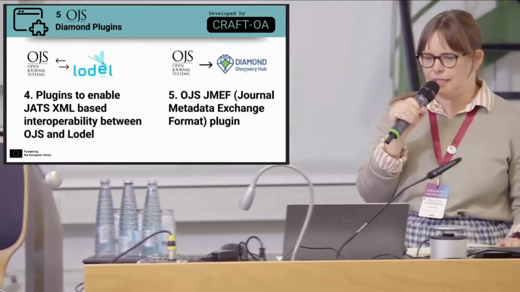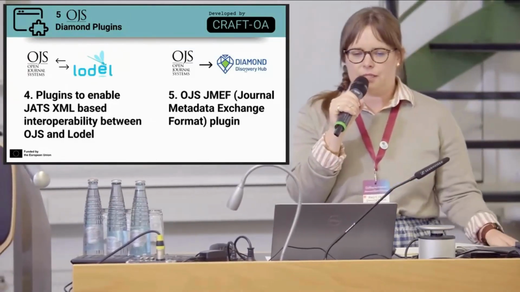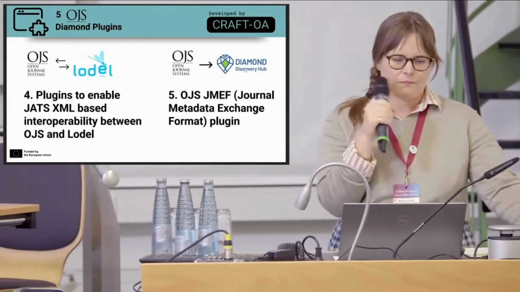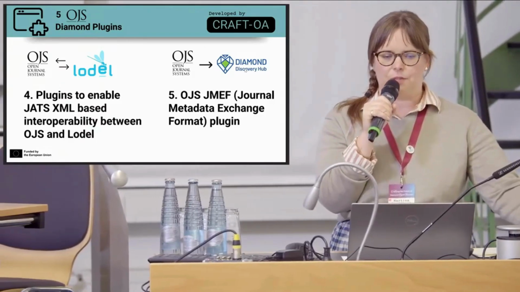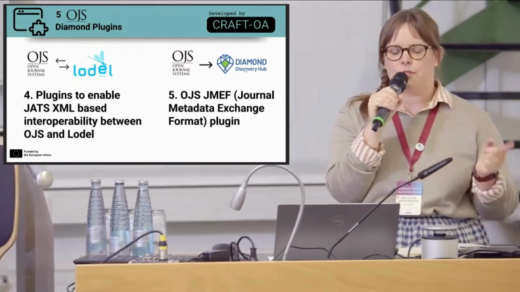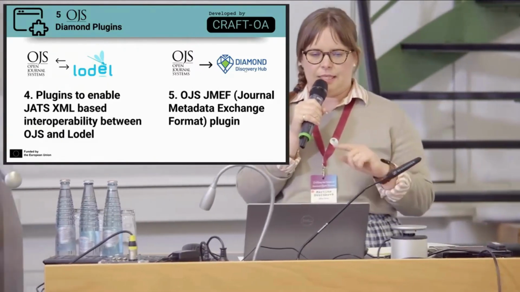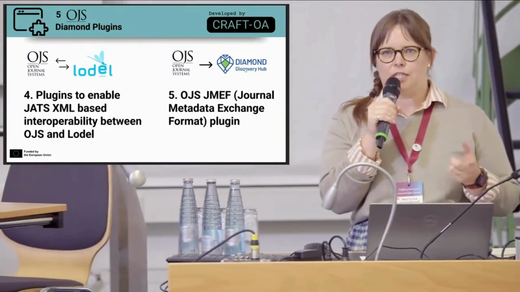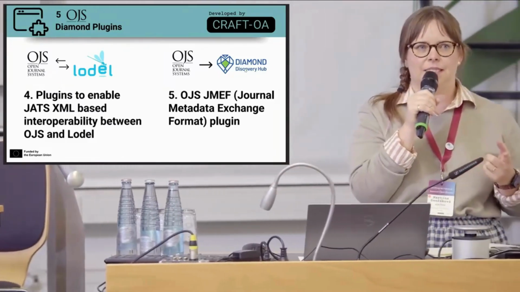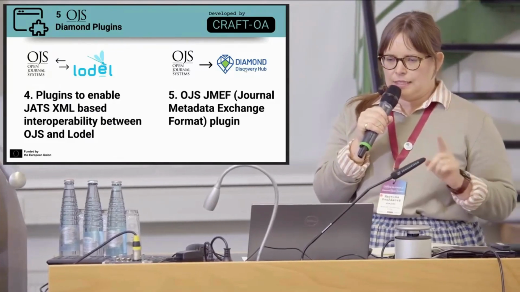Let's move to plugins number 4 and 5. Plugin number 4 is to enable interoperability between OJS and LODL, because there are a lot of journals that use both systems. Basically it's a JATS to TEI and TEI to JATS XML converter. Julep already presented it, but it's part of the Diamond plugins.